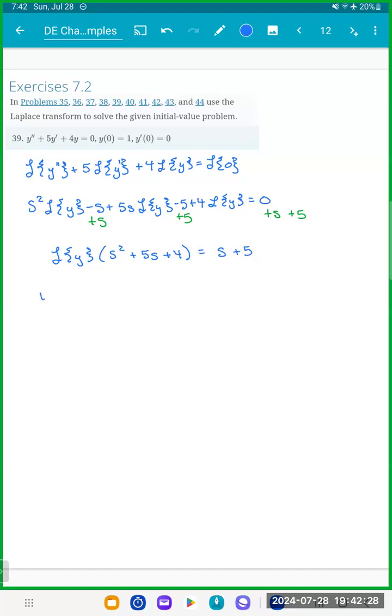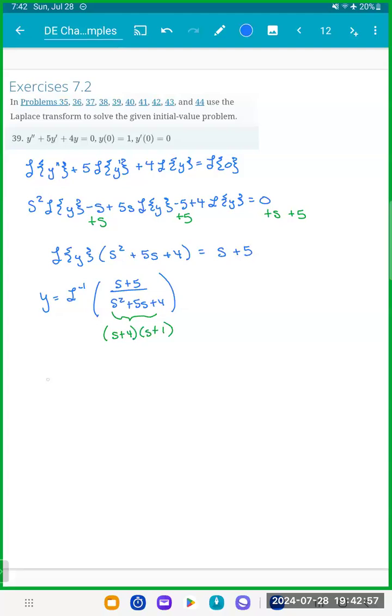Okay, so our y is equal to the inverse of that. And so this is s plus 5 over s squared plus 5s plus 4. Okay, that denominator will factor. This factors to s plus 4, s plus 1.